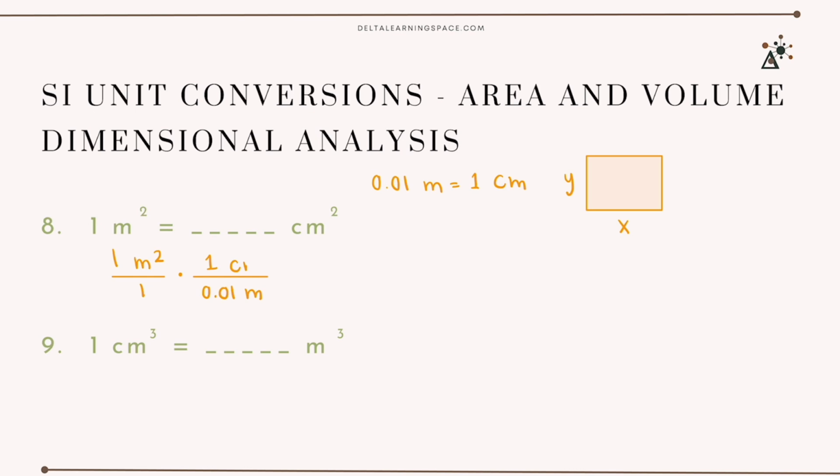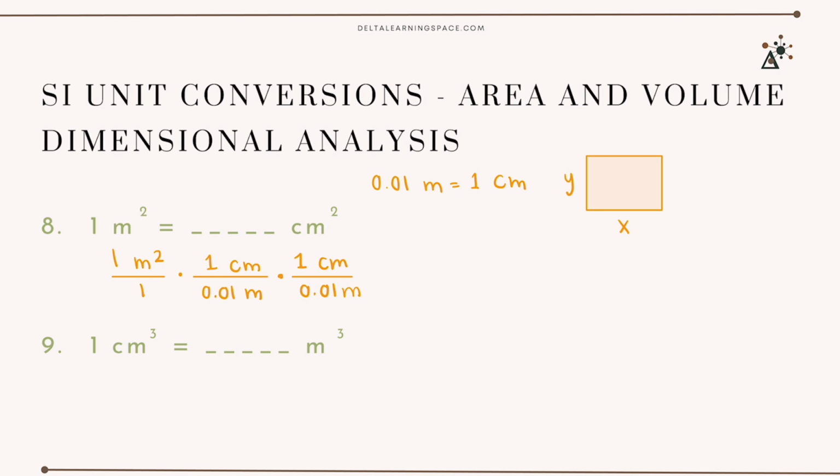But as we see, this doesn't purely cancel out. If I cross this out, I'm still left with a meter. And so to fully cancel out meter squared and give us centimeter squared, I have to do this twice.